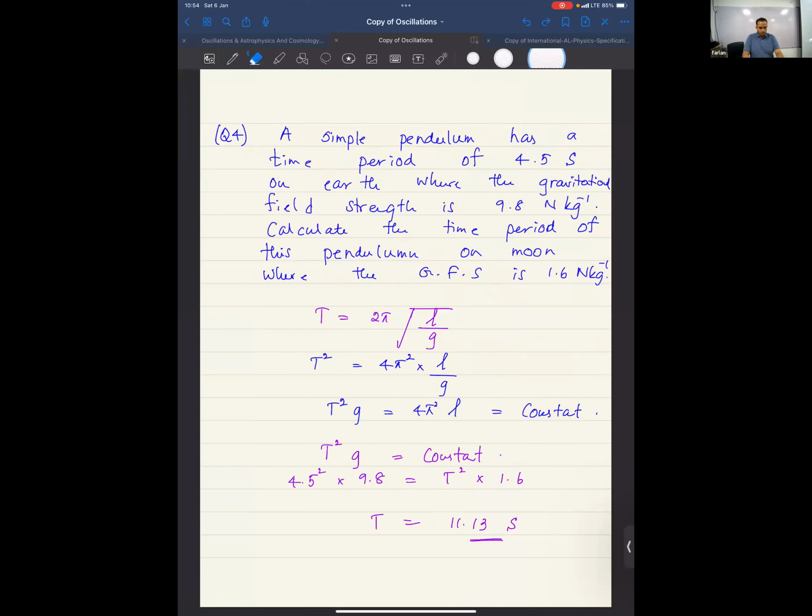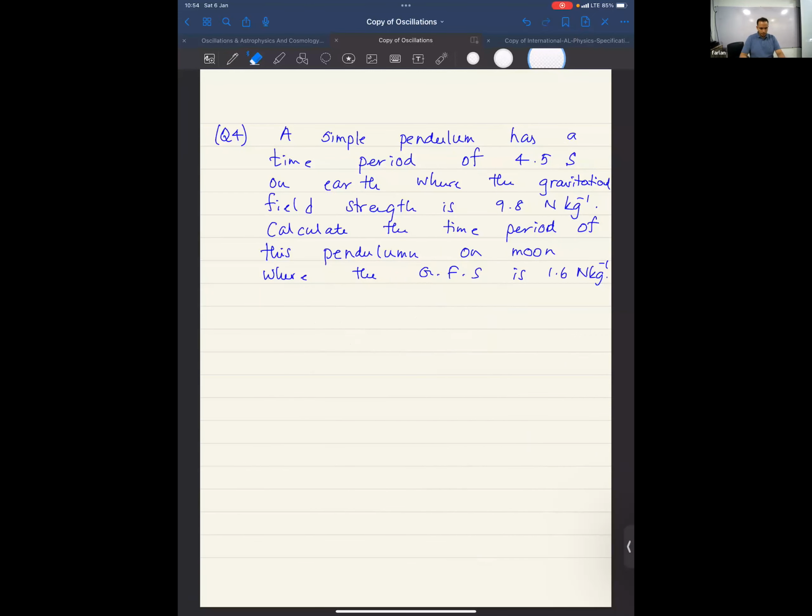Question 4. A simple pendulum has a time period of 4.5 seconds on Earth, where the gravitational field strength is 9.8 newtons per kilogram.